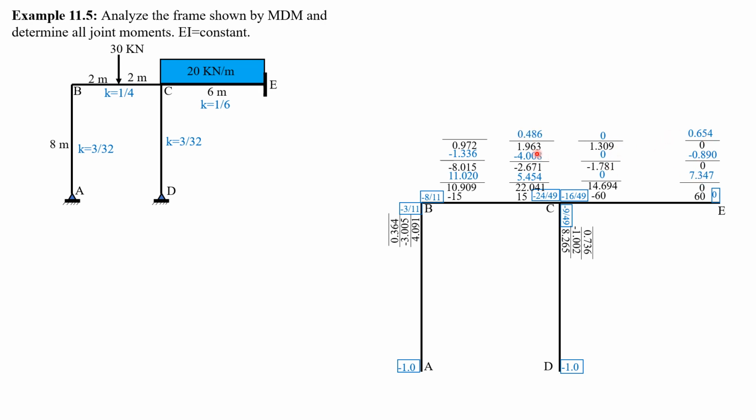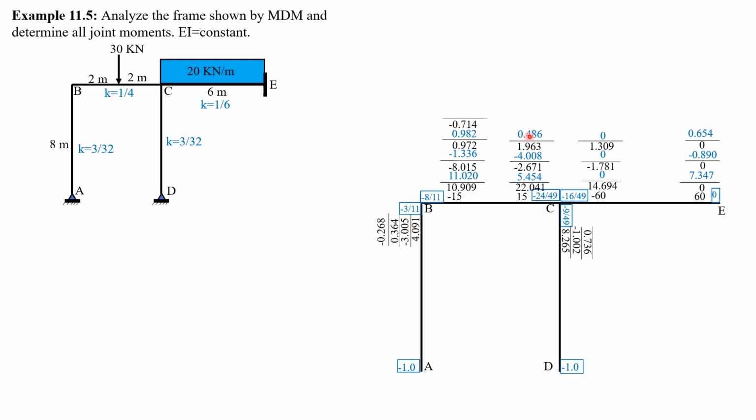Half of 0.972 is 0.486. Half of 1.963, 0.982. 0.982 times negative 8 over 11, negative 0.714, lock partially. 0.982 times negative 3 over 11, negative 0.268, lock partially.